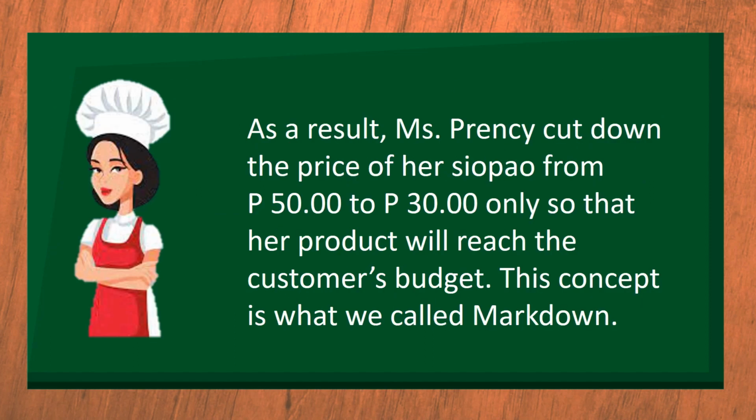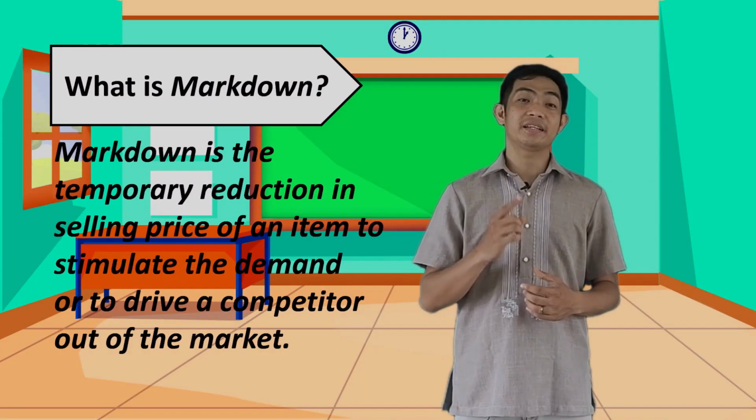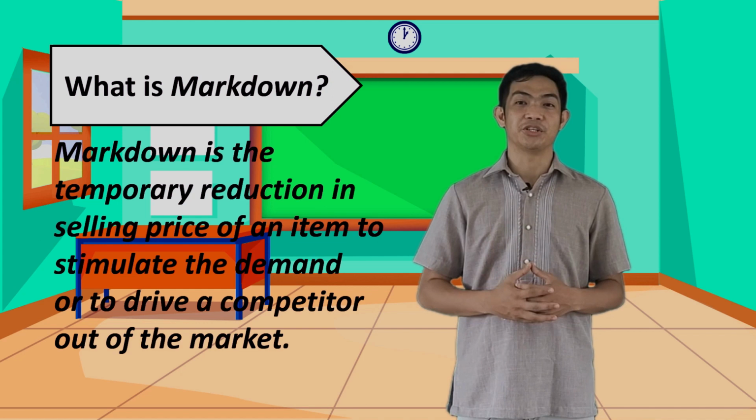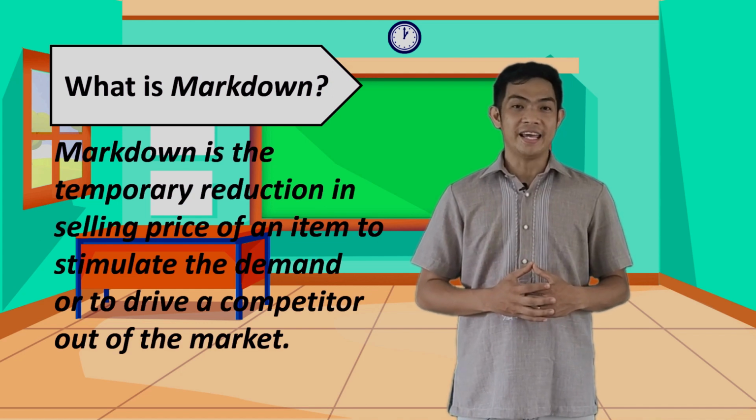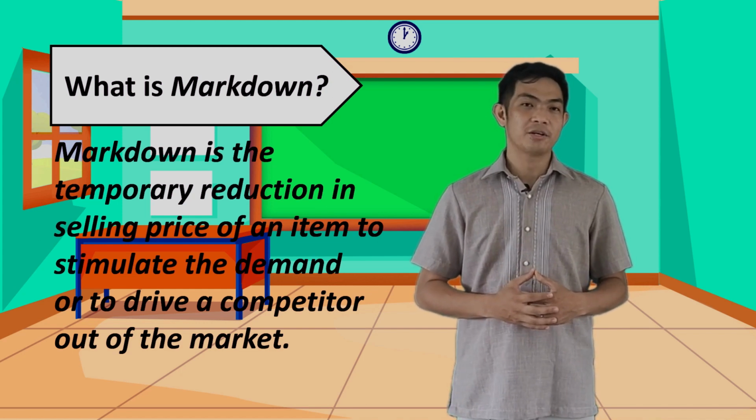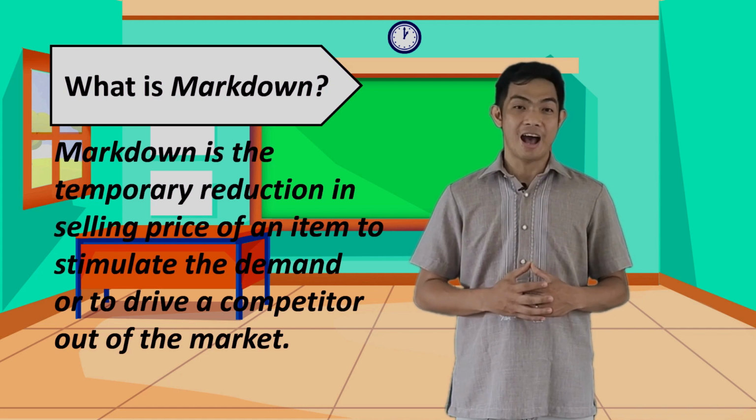As a result, Miss Prency cut down the price of her Siopao from 50 pesos to 30 pesos only so that her product will reach the customer's budget. This concept is what we call markdown. Markdown is a temporary reduction in selling price of an item to stimulate the demand or to drive a competitor out of the market.